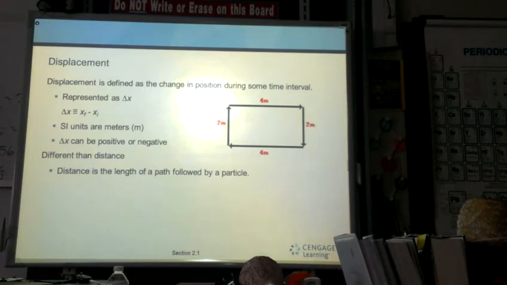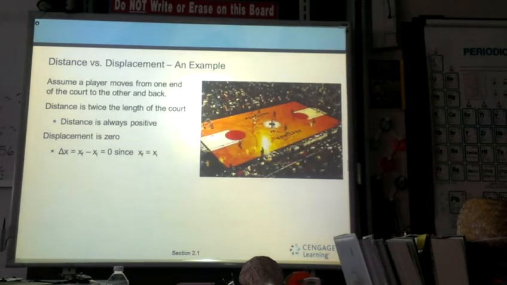But is distance equal to 0? No, because distance is a scalar and distance is dependent on the path. Displacement is not dependent on path. All that displacement cares about is where I ended and where I started, and then the direction. And distance just cares about what's the actual path that I took to get there.